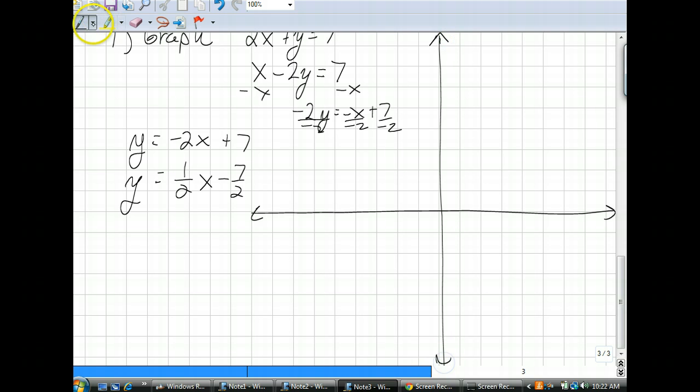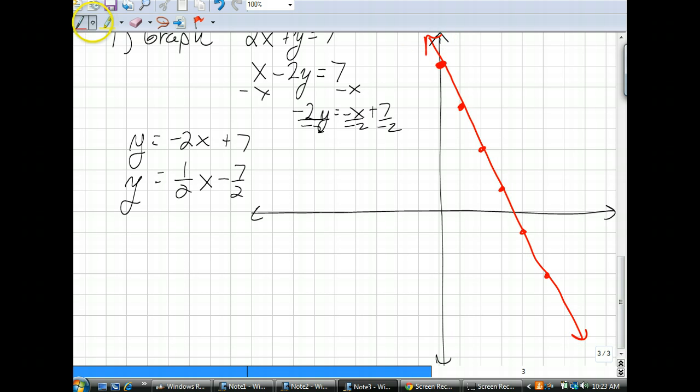So the first one says start at 7, 1, 2, 3, 4, 5, 6, 7, and then go down 2 over 1. And so that would give me this line here.